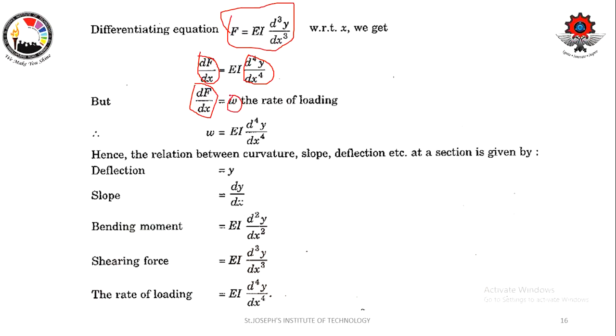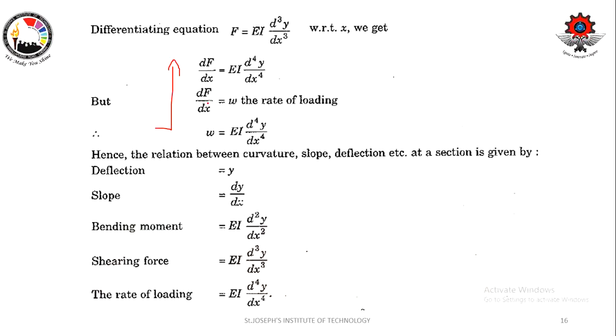And again we know that dF by dx, the change in shear force with respect to x, is going to be the rate of loading W. Rate of loading W. How simple it is and how easily it is related with each other, right? So rate of loading gives rise to shear force gives rise to moment, right? Okay, clear?